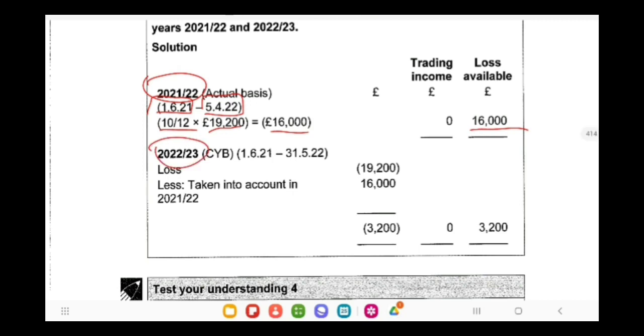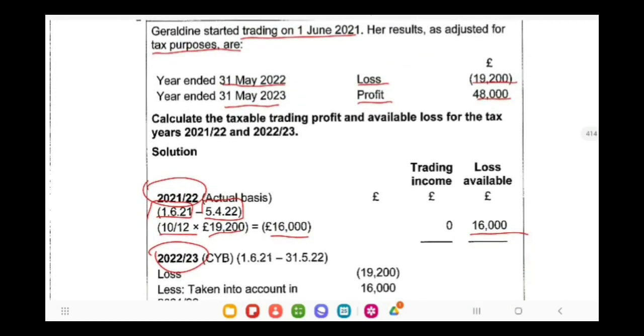So this is how to record the losses, how to identify the period of losses, so that you can set them off. First you must know how much loss is to be recorded in a particular tax year. So we have considered 19,200 of total loss.